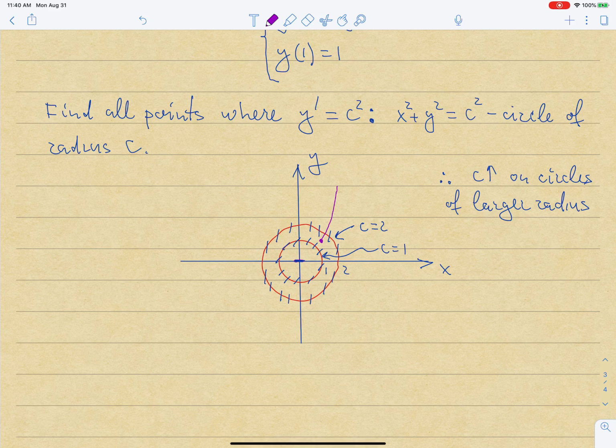And if I move to the left, the slopes are getting smaller, and then they're getting bigger again. So that is a solution curve of my initial value problem.